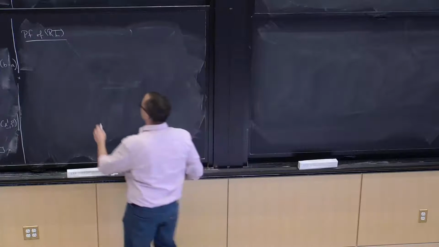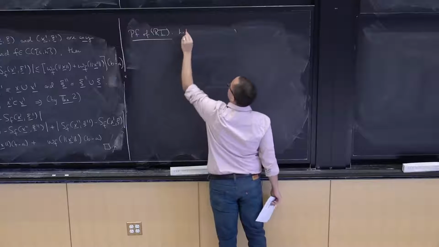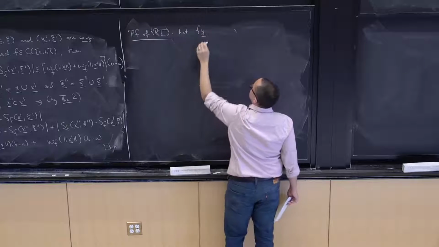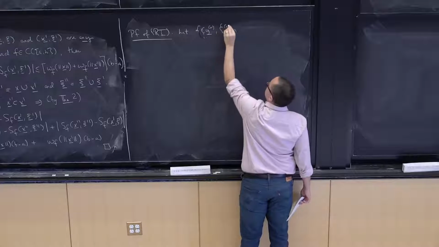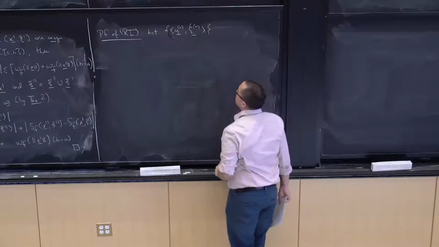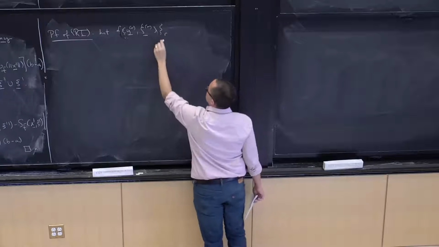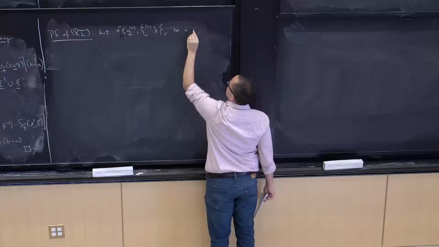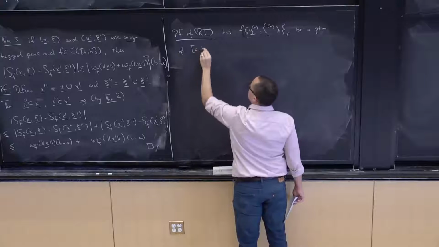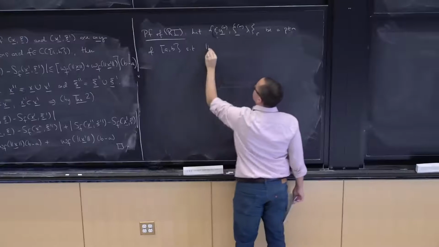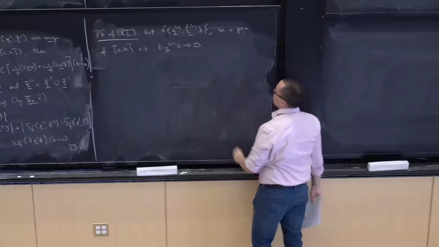All right, so first let's fix some partition. For the Greek letter aficionados out there, this is zeta. Let this be a partition of AB with norm converging to 0 as r goes to infinity.